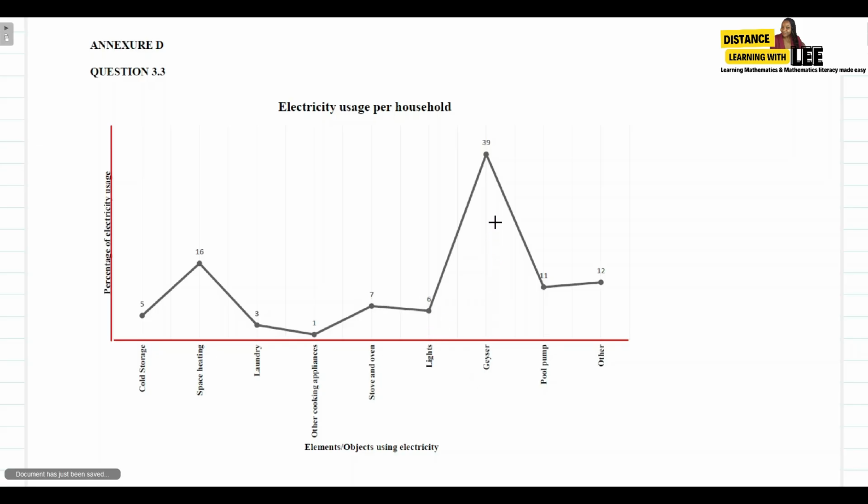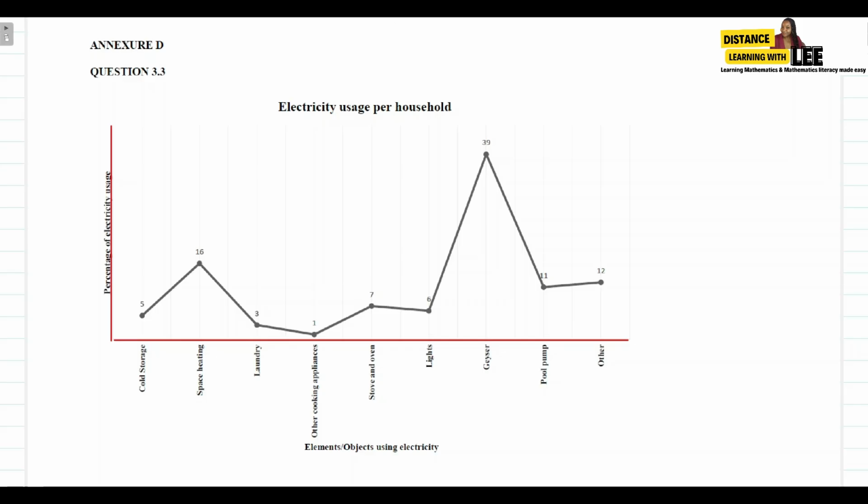The geyser uses the most amount of electricity, 39%. The pool pump uses 11%, and other elements using electricity use 12%. So maybe that's your laptops, maybe your fridge. Other objects in your household use 12% of electricity.